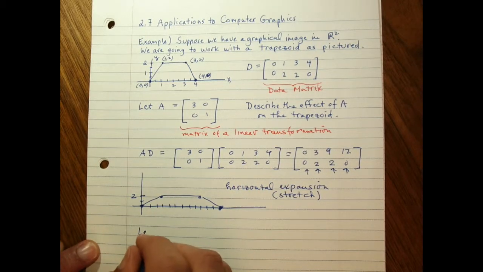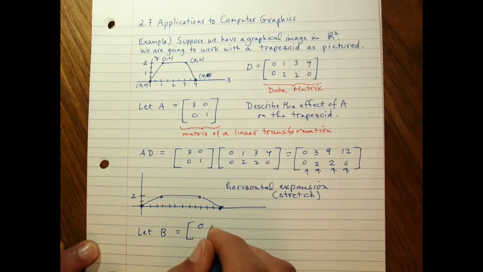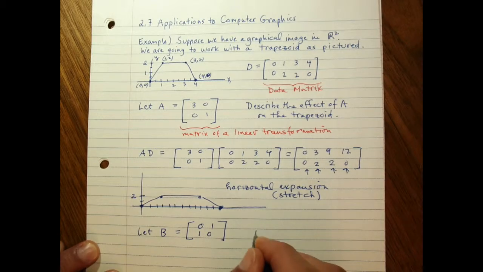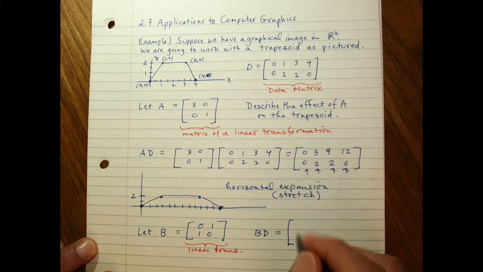Let's look at another matrix, B, 0, 1, 1, 0. And let's calculate BD. So again, this matrix B we're thinking of as a matrix of a linear transformation. And I went ahead and calculated this. It's an easy calculation.